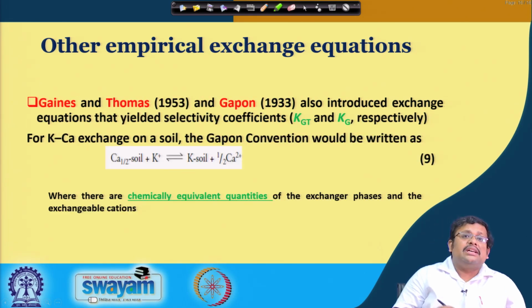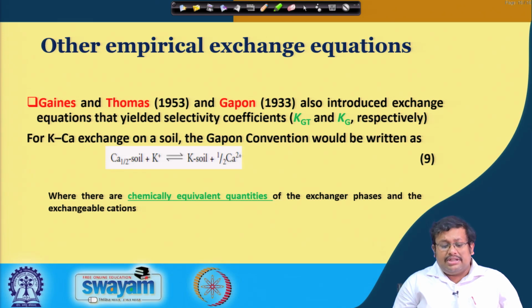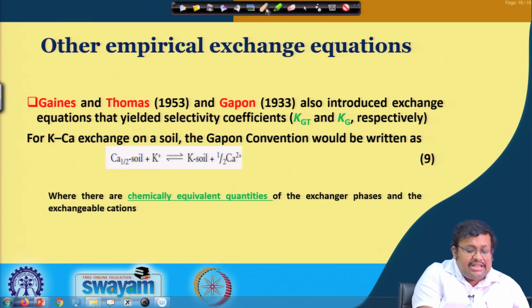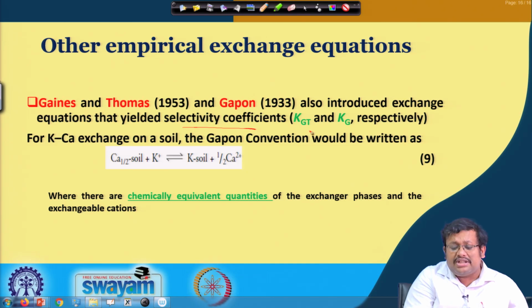Now, another equation was given by Gaines and Thomas, and Gapon, another scientist, also gave exchange equations, other empirical equations. They introduced exchange equations that yielded selectivity coefficients. In the case of Gaines and Thomas, we know it as Kgt, and in the case of Gapon, it is Kg respectively.